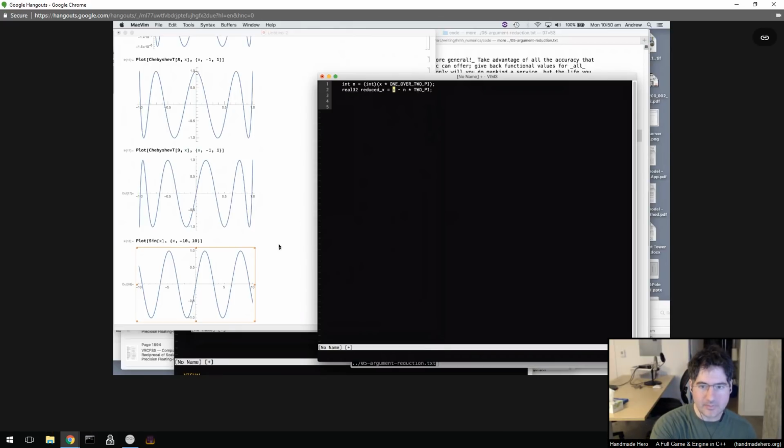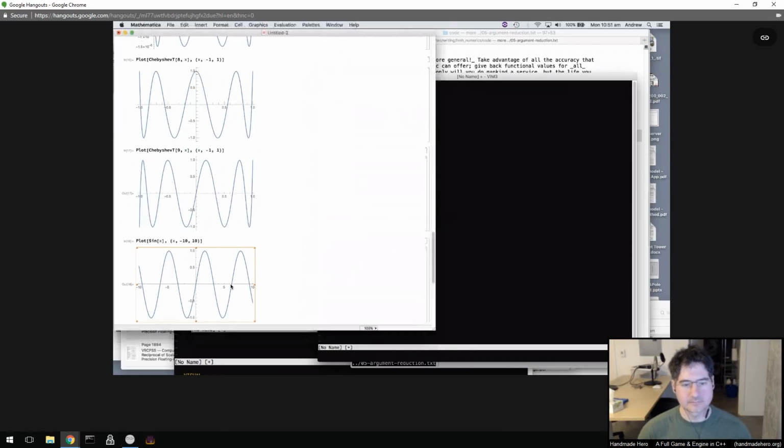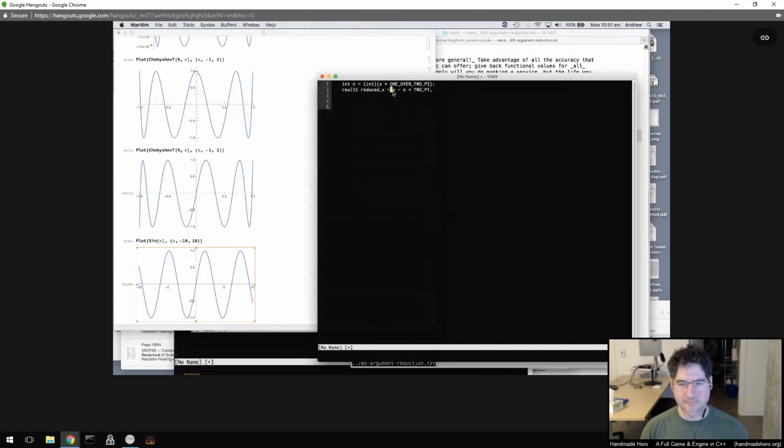But we've also got the problem that where x is close to a multiple of 2 pi, let's say somewhere around 2 pi, what you're subtracting is two numbers that are almost equal, and this is catastrophic cancellation. It's not actually a natural disaster.